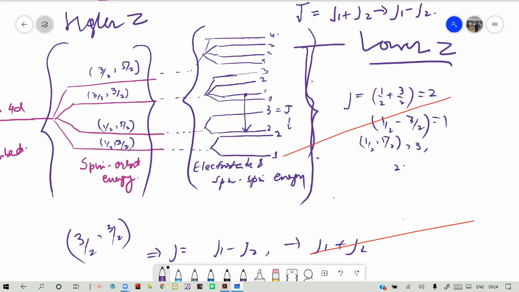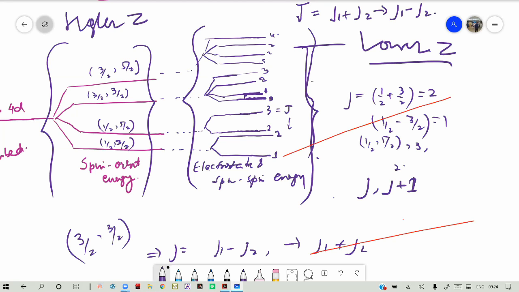Let us take these two levels as consecutive. This is about consecutive levels, that is why I am taking this. So 0 and 1, 1 and 2, 2 and 3, these are consecutive.